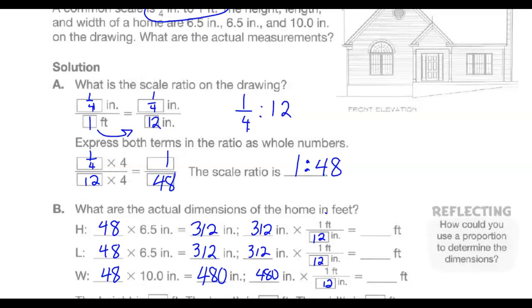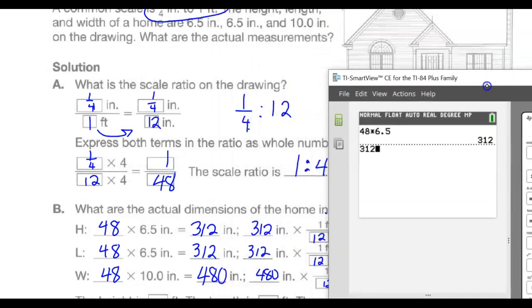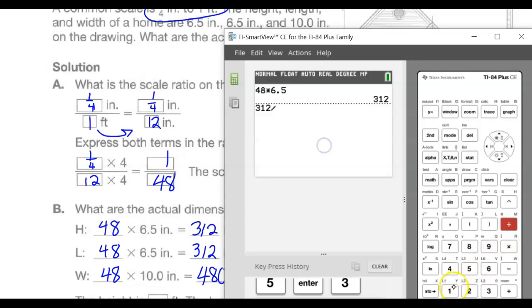So you might know, 12 goes into 48 4 times. And then you can multiply by 6.5, multiply by 10. But if you're not sure, use your calculator. Okay, so we'll take 312 and then divide by 12 to get 26.